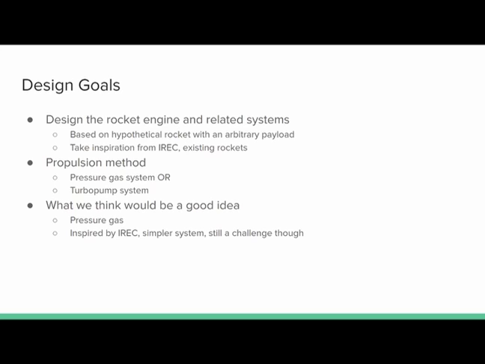A pressure gas system is basically you have pressurized gas in a tank. That tank is connected via pipes to the fuel tank and the oxidizer tank. So we have 3 tanks, the pressure gas tank and the 2 other tanks. And what we do is we feed the pressure gas through the pipes into the fuel and the oxidizer tanks.